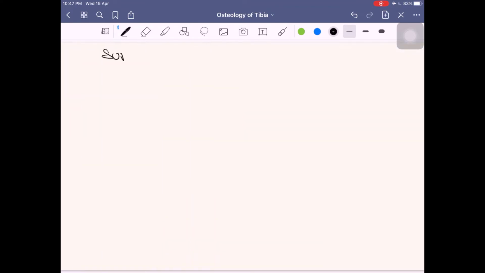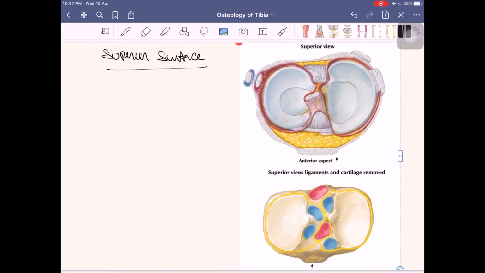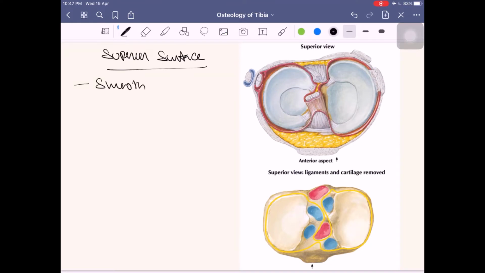If you see the superior surface first, the superior surface of your lateral condyle, let us bring this image back here again. This is your superior surface. It is again smooth. It is articular because it articulates with your lateral femoral condyle.